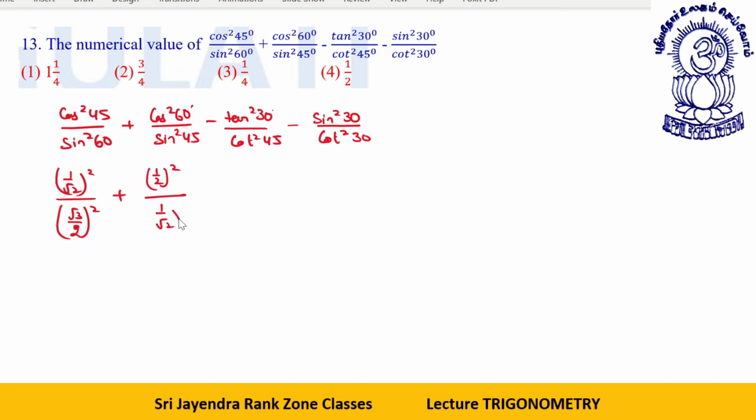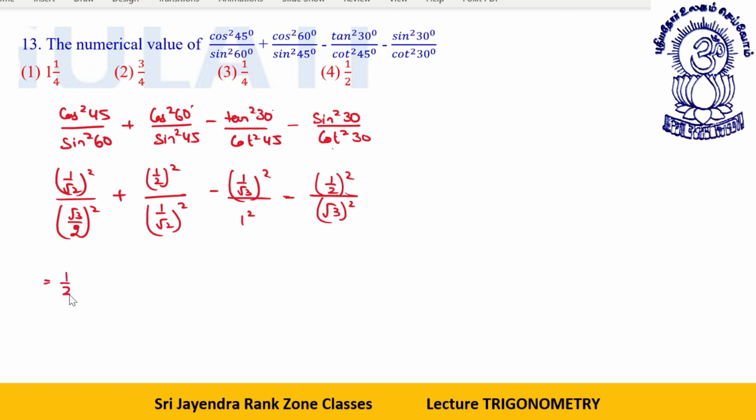And this is (1 by root 2) square, minus tan square 30. Tan 30 is 1 by root 3. Cot square 45: cot 45 is 1, square. Sin square 30: sin 30 is half, so you do half square. Cot 30 is the reciprocal of tan 30. Tan 30 is 1 by root 3, so cot 30 will be root 3. Okay, now let's see what value I get.